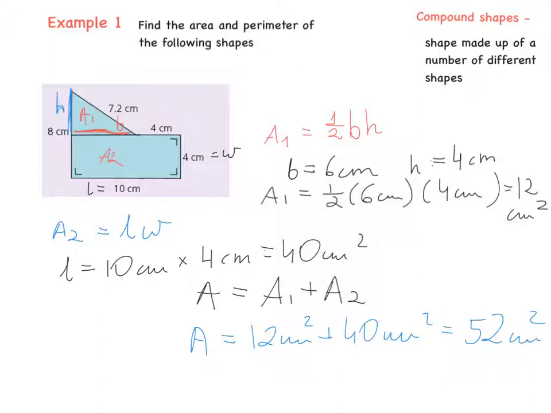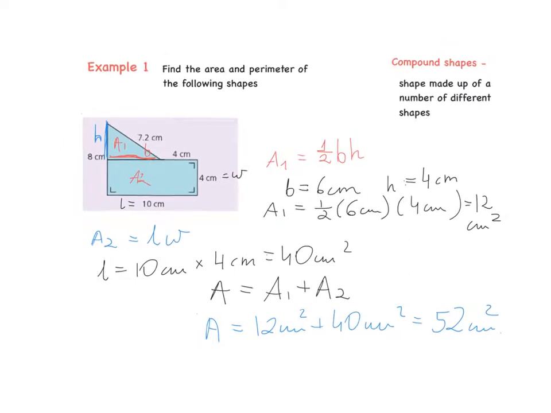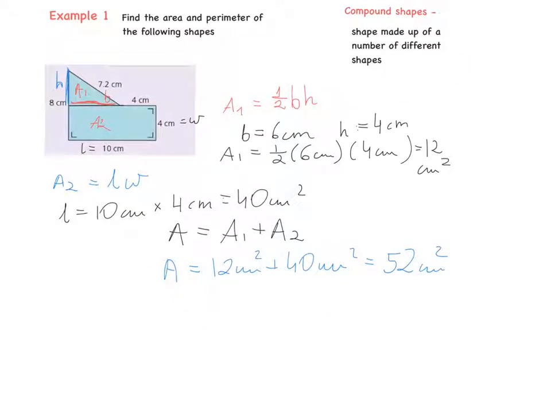Now we need to find the perimeter, and we need to make it a little bit smaller. As you know, the perimeter is when we add all of the lengths of the sides. So we just simply need to add this length and this and this and this and that.